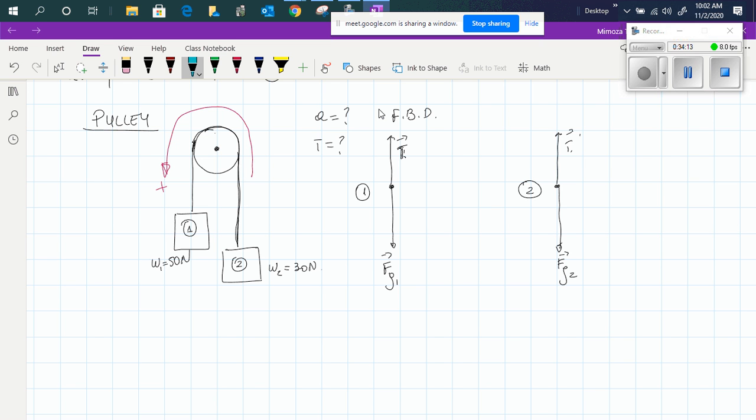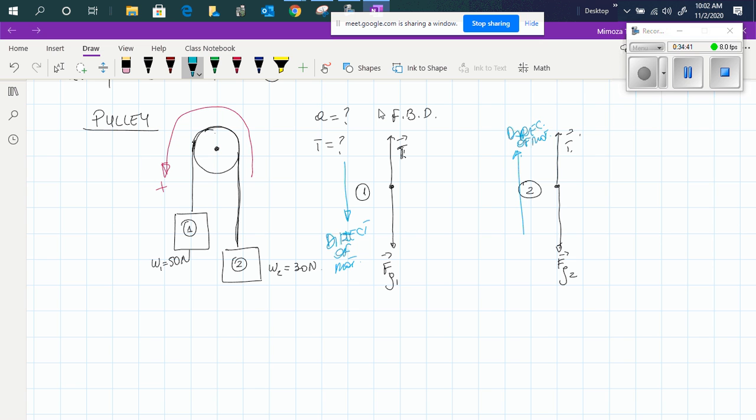So in this case, object 1 is going down and object 2 is moving up. So this is positive and this is positive. And then based on this, the direction of motion, let's say positive. So this is the direction of motion.